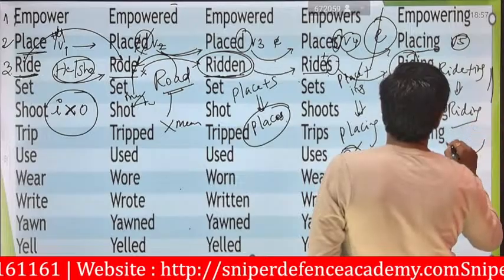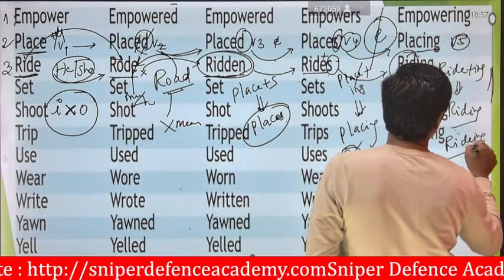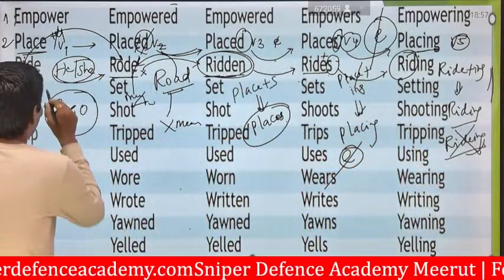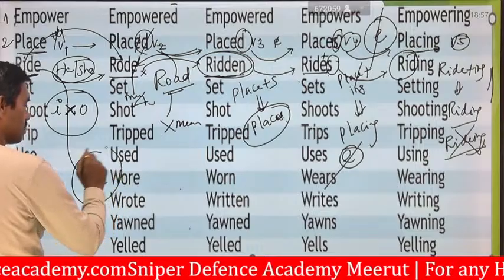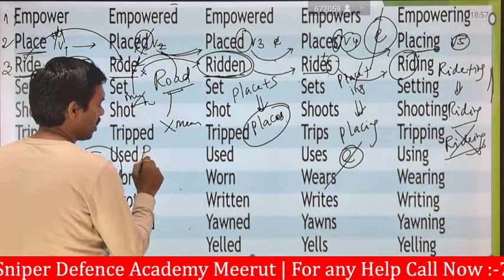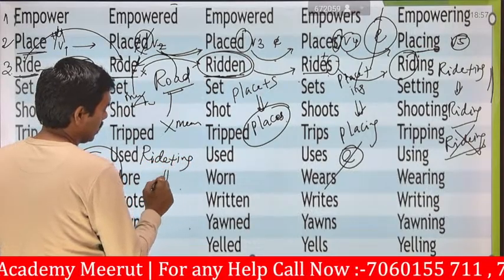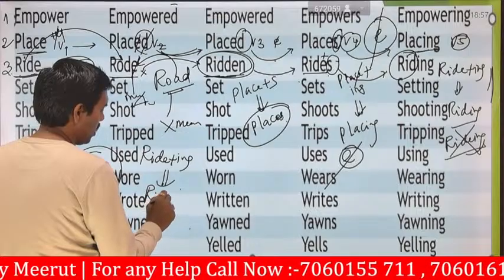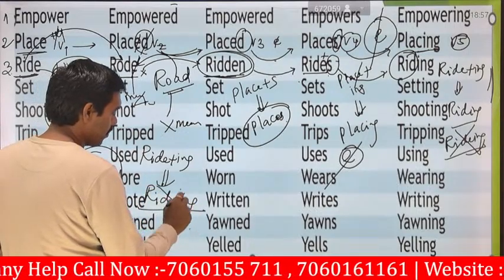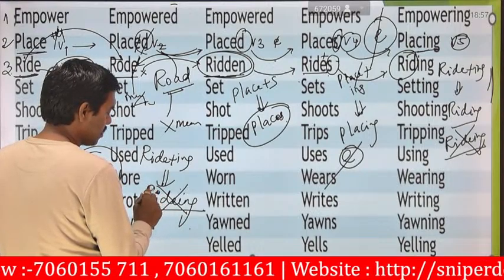R-I-D-I-N-G. Don't write R-I-D-E-I-N-G. That will be wrong. So here the E will remain silent. If you write R-I-D-E plus I-N-G, which gives R-I-D-E-I-N-G, then this will never give meaning.